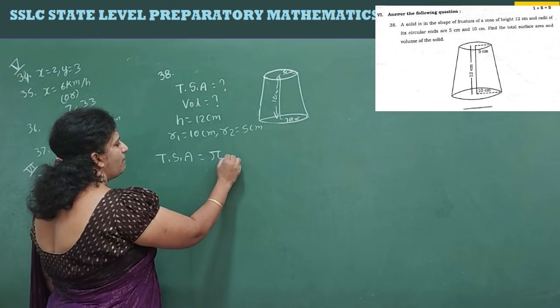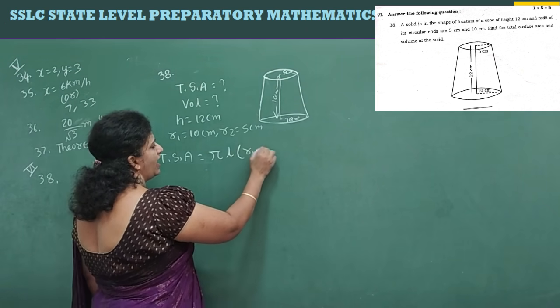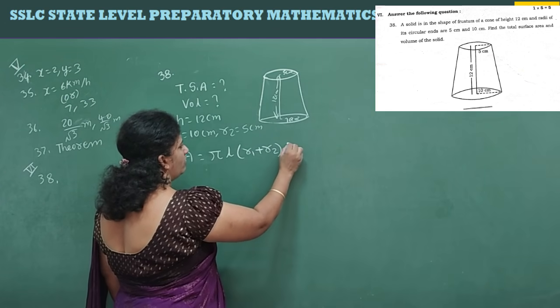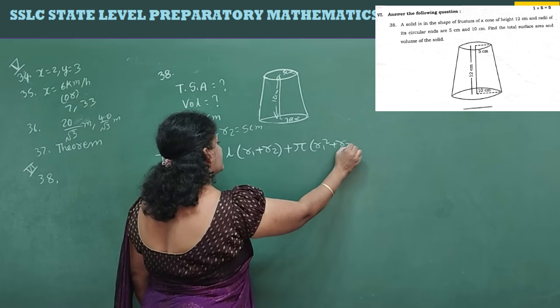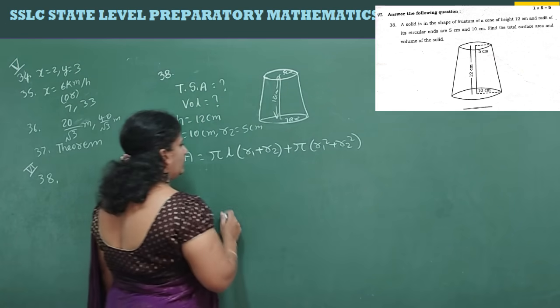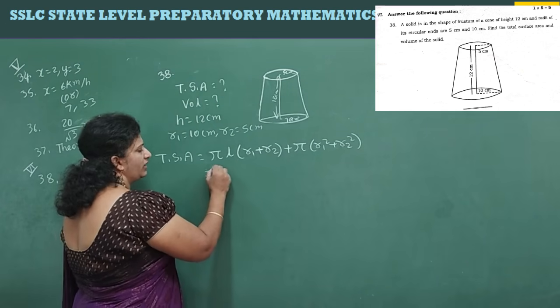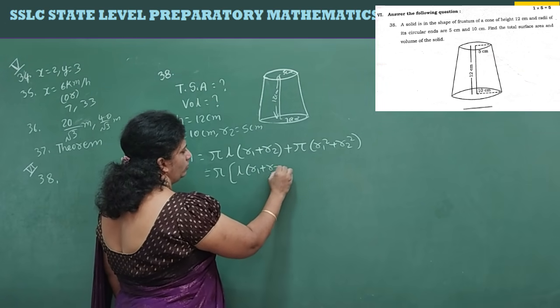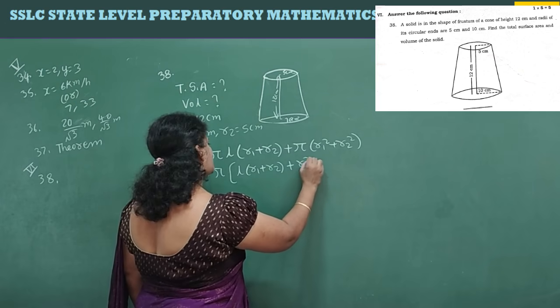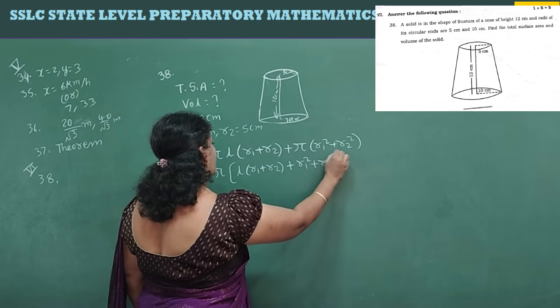That is pi L into R1 plus R2, plus pi into R1 square plus R2 square. Now take pi common in these two: pi into L into R1 plus R2 plus R1 square plus R2 square.